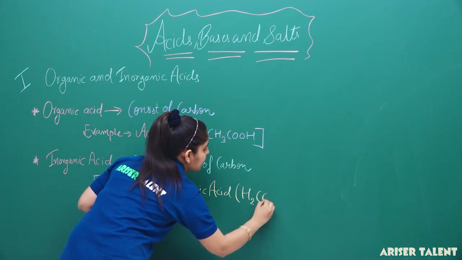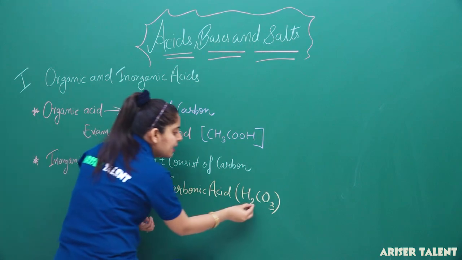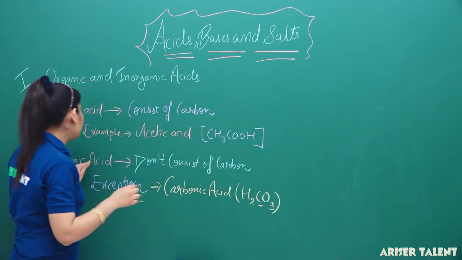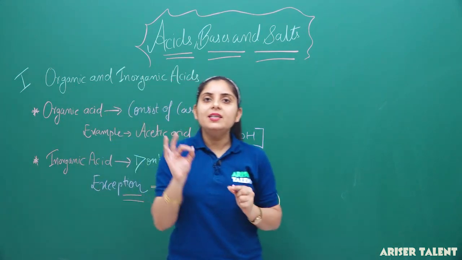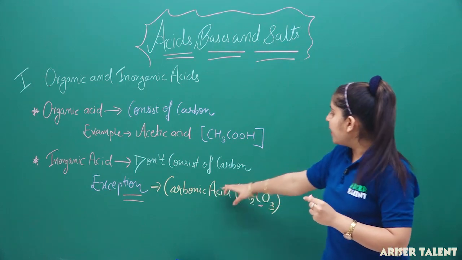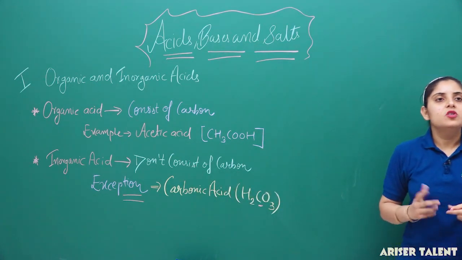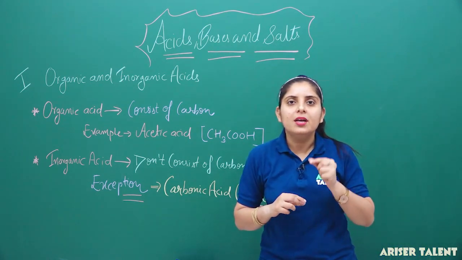Carbonic acid is H2CO3. It means it contains carbon, but it is categorized in the category of inorganic acid. So here carbonic acid is an exception. It is the only acid that contains carbon and is categorized in the category of inorganic acids. So this is all about our first category of the classification based on the source.